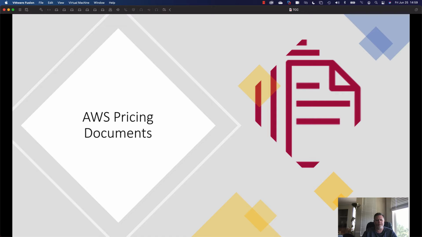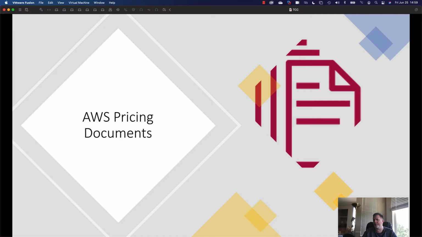So for example, you're looking at the S3 service, which is the storage service, file storage, object storage, AWS storage solution.